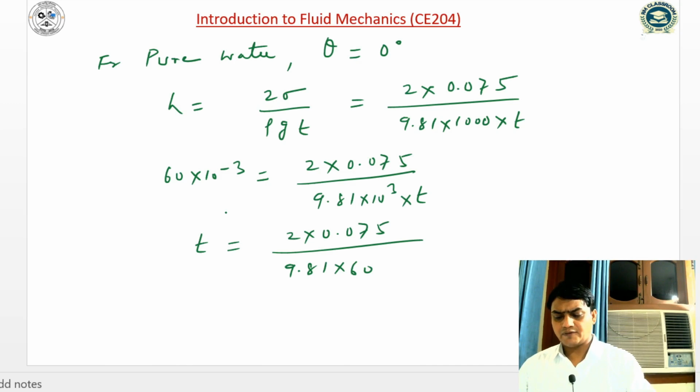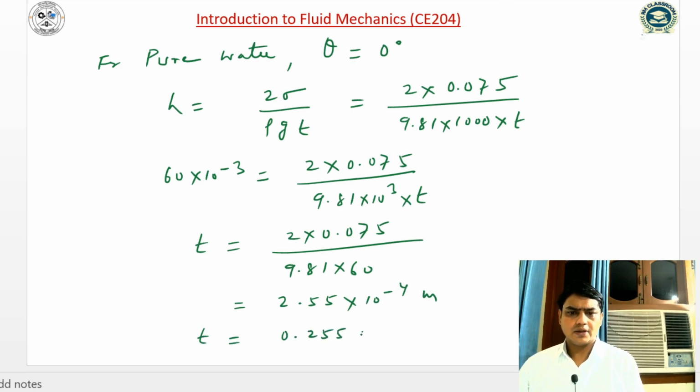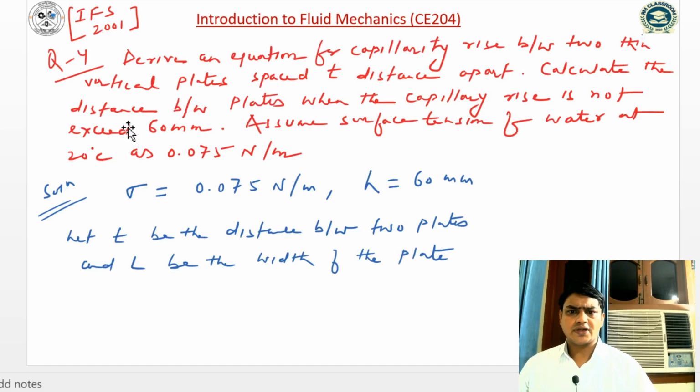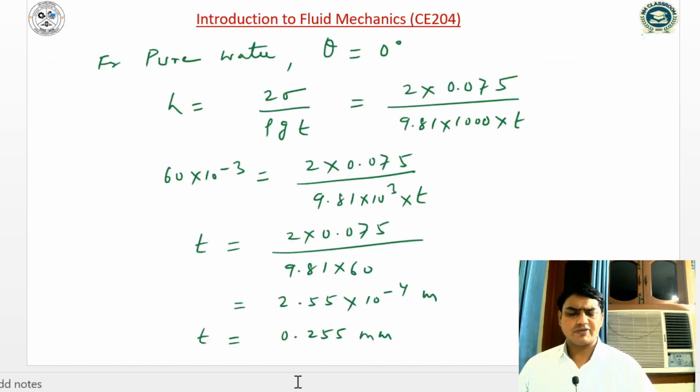So it is 2.55 into 10 to the power minus 4 meter. So it can be written as 0.255 mm. So the thickness or the distance between two plates, the distance between plates, is 0.255 mm.